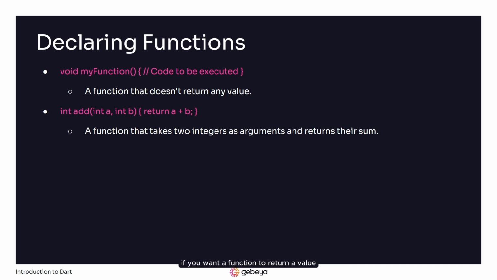If you want a function to return a value, you can specify the return type: int add(int a, int b) { return a + b; }. In this example, the function takes two integers and returns their sum.